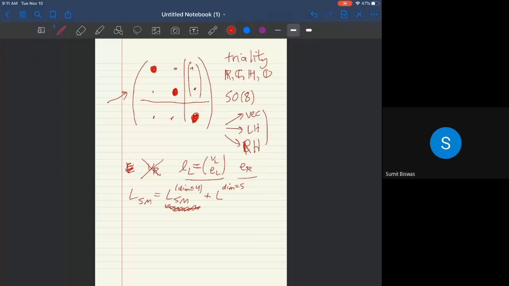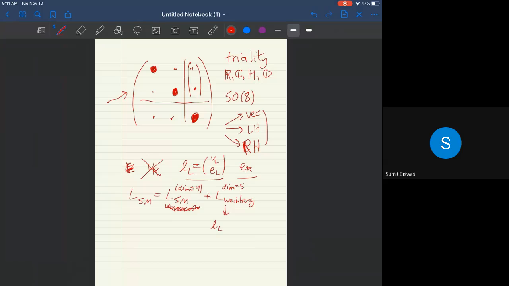Actually, there is only one dimension 5 term you can write down in the Standard Model. That's the so-called Weinberg term, the leading non-renormalizable operator.